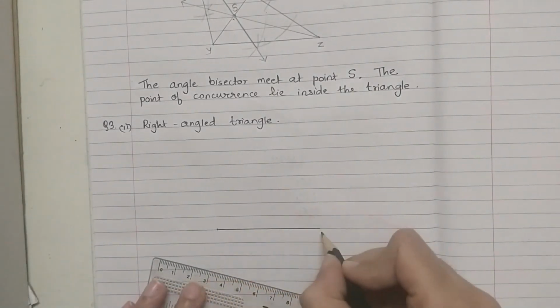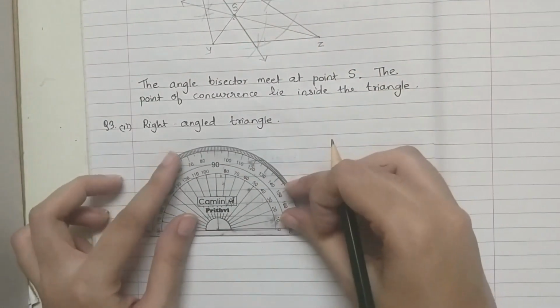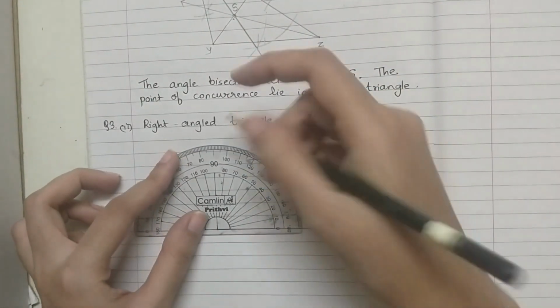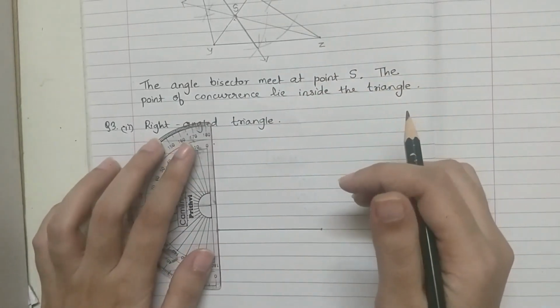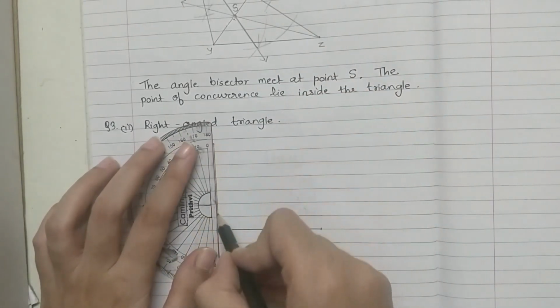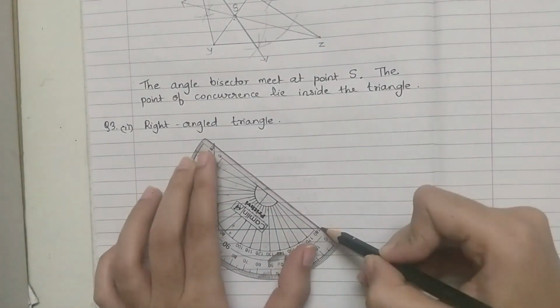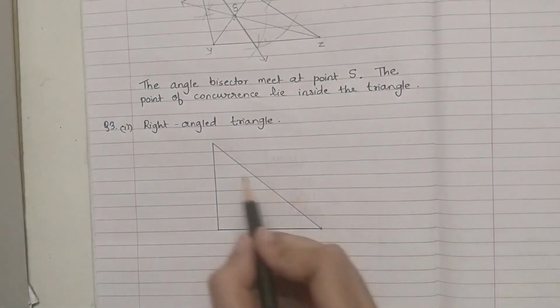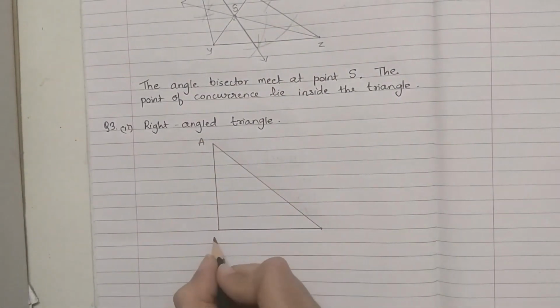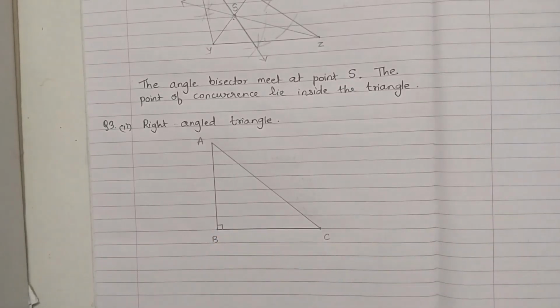Mark the endpoints and then take a protractor, place it carefully on the line segment, mark 90 degrees, make a straight line and then make this right angled triangle. After making this right angle triangle, we are going to label it. After labeling, we are going to bisect the angles one by one.